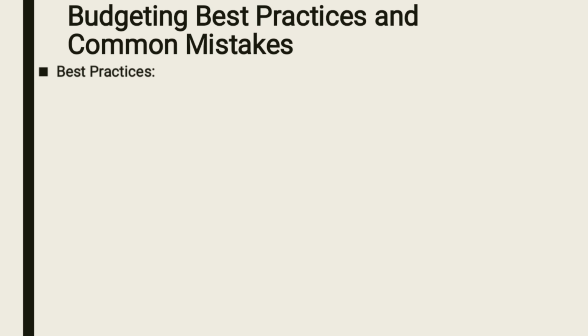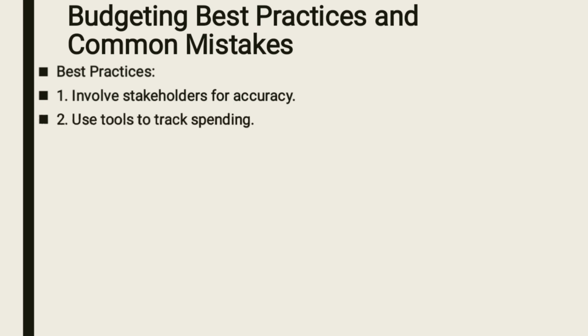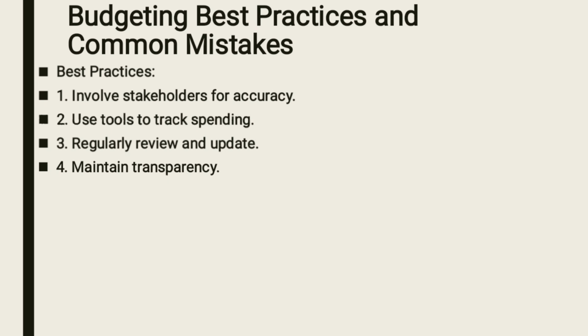Let's talk about best practices as well as the common mistakes. Let's start with best practices. Number one, you should involve stakeholders for accuracy. Make sure that when you are doing your budget, all the stakeholders are involved. Another one, you should use tracking tools for spending, like Microsoft tools and other software, so you can spend properly on your budget. Then review regularly and update. As your work is progressing, make sure that you are reviewing your budget, and if there is a need for updating, update your budget.